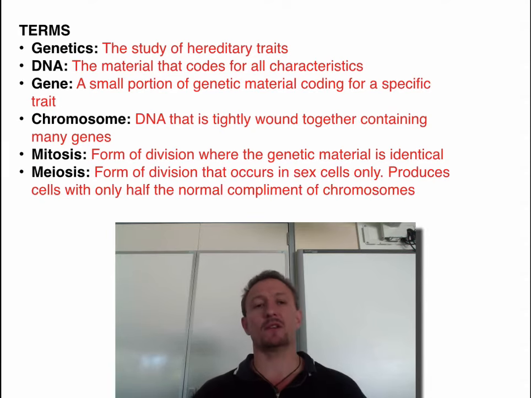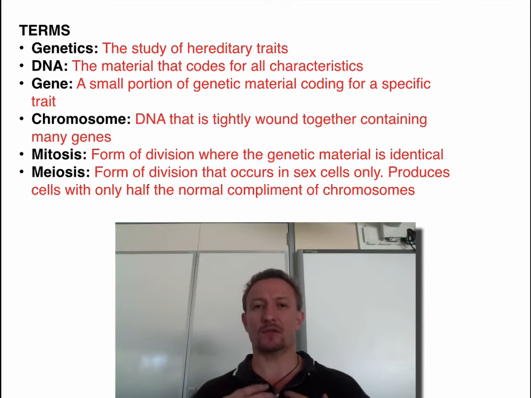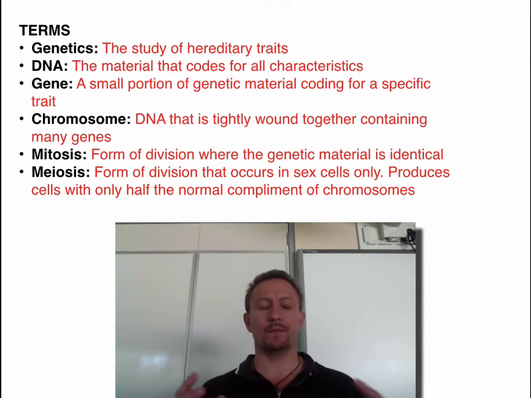Now the opposite of mitosis is meiosis. This only happens in sex cells, your sperm and your egg, or in flowering plants, the pollen and the egg. We've got to make sure that the genetic material is always the same. We have 23 pairs, and we must always have 23 pairs. If you're deficient in those 23 pairs, there's a problem.